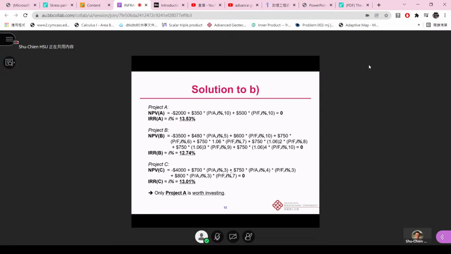If you are not familiar with how to do the interpolation, then for today we also have some practice that you can do for this kind of IRR calculation, and it will be simpler than this one. This one for the IRR is a bit difficult, but the tutorial part will be much easier to solve.